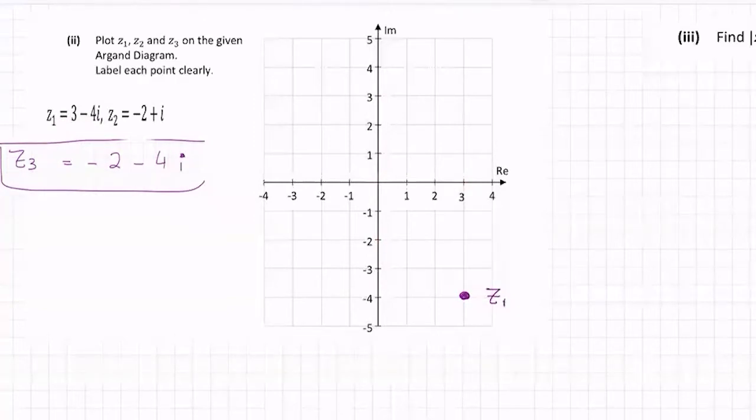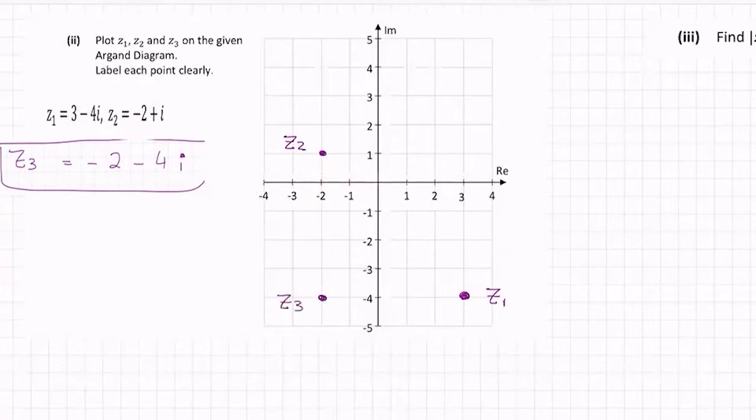Okay, Z2 is -2, so you go on the real first, plus 1i. Just like with the x, we tend not to put in the 1 in front of the i. And Z3 then is -2 minus 4i.